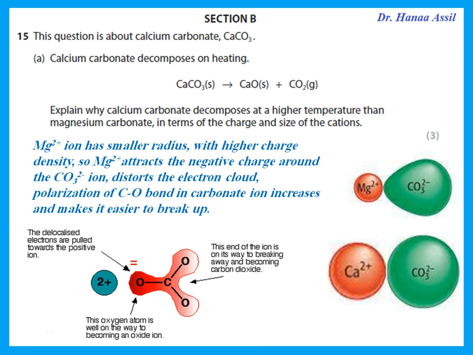The polarization of the CO bond in the carbonate increases with respect to the magnesium. So this makes it easier to break up, or you could say the opposite for calcium. So calcium has larger radius, and that means lower charge density, so it will be less likely to polarize the CO bond in the carbonate ion.